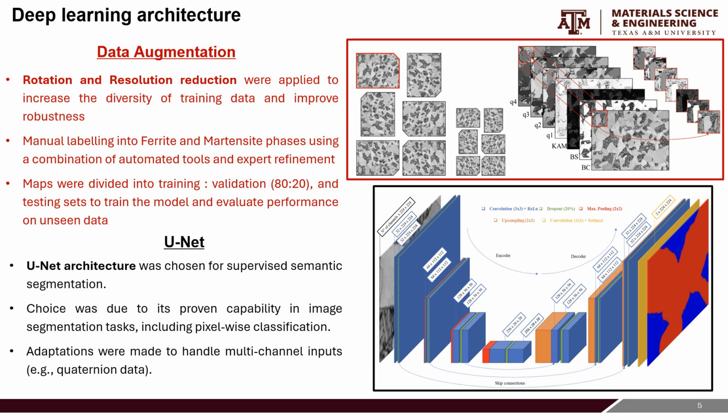Additionally, various skip connections are present that enable the combination of high resolution features from the contracting path with the expansive path to actually improve the resolution of the upsampled outputs.